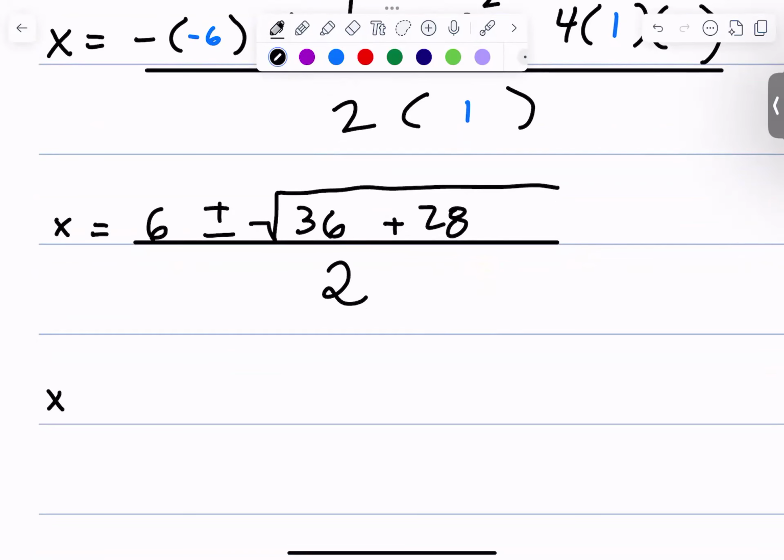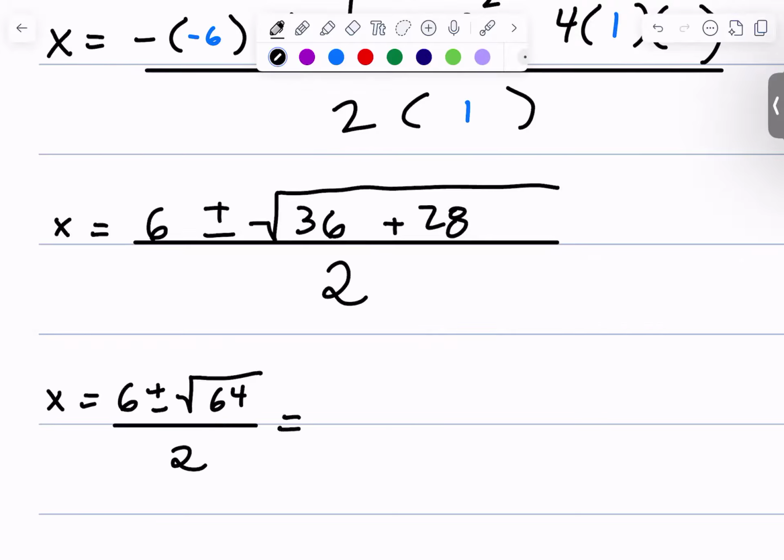So this, and then we just simplify, class. 6 plus or minus the square root of 36 plus 28, that is 64, all over 2. So we have 6 plus or minus square root of 64, which is 8, over 2.